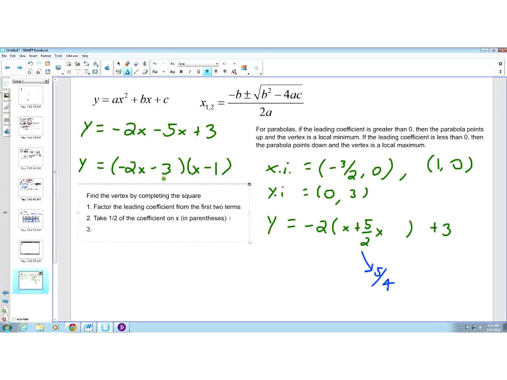Step 3, square the term found in step 2. Okay, so doing that, when we square 5/4, we get what? 25/16.